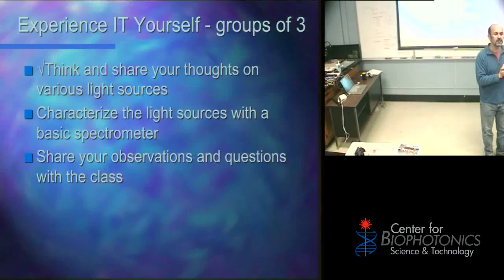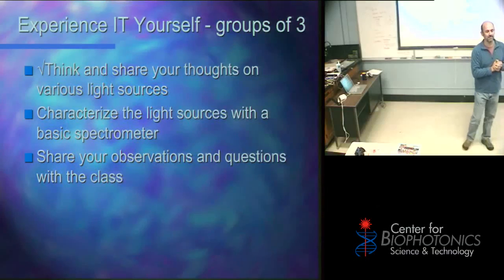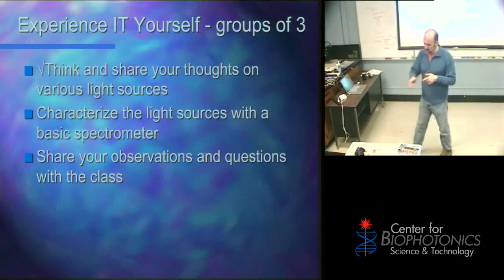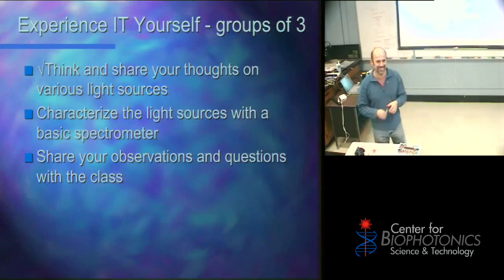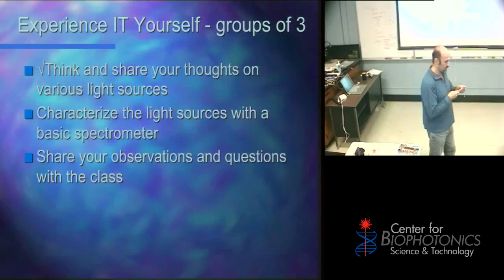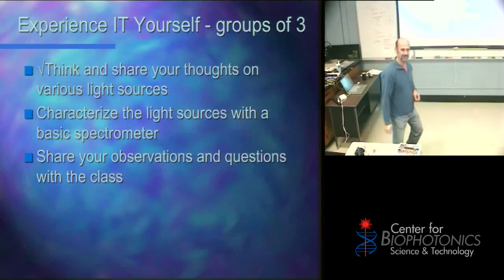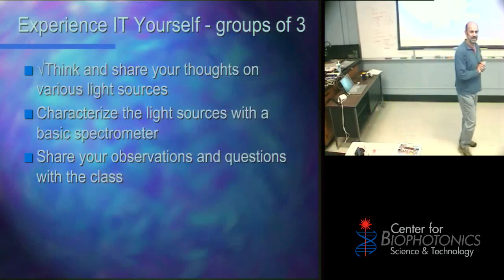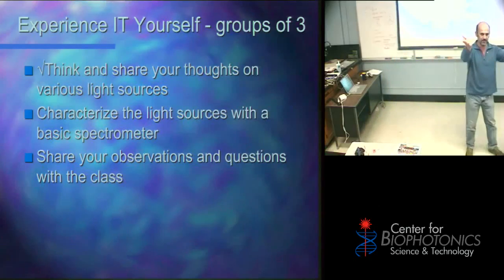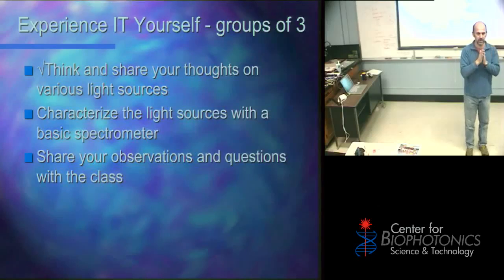Between like 530 and like 640. Sounds great. They actually tell you on the side of the laser, the green one tells you that it's 532, and the red one tells you that it's somewhere around 650. So you're close.